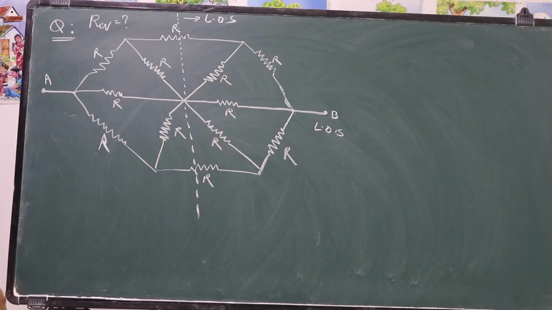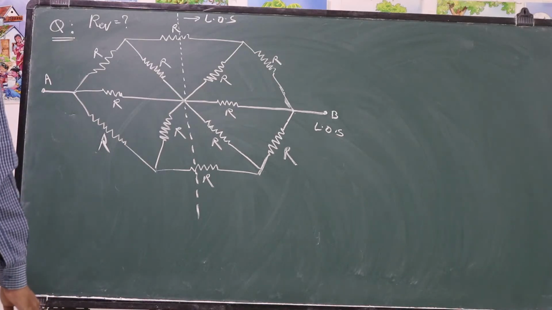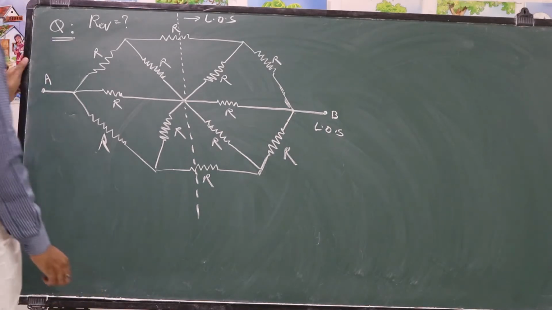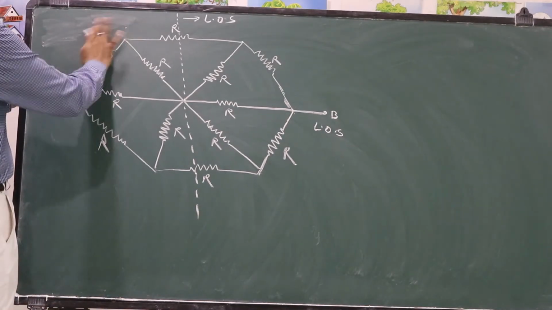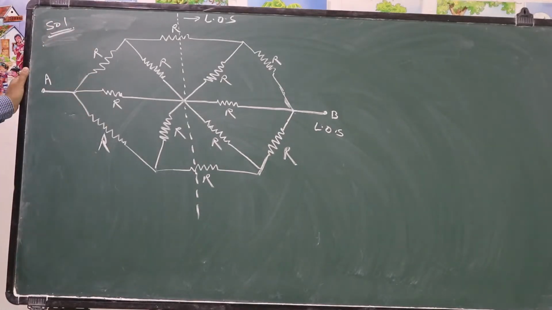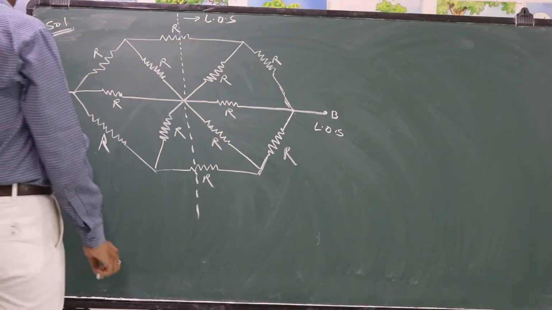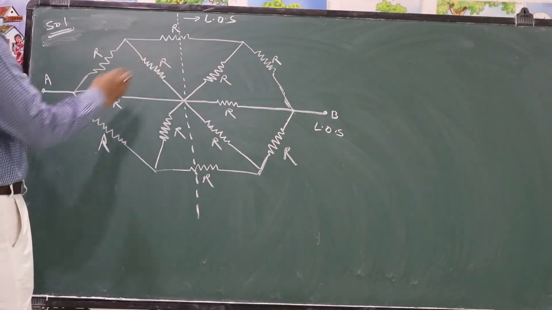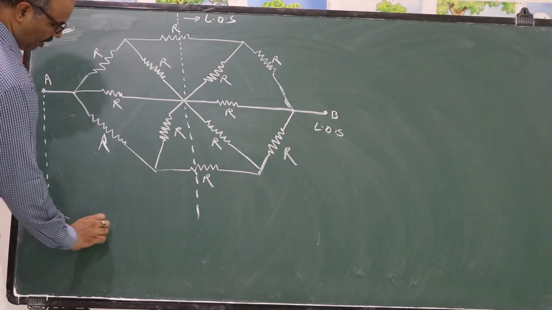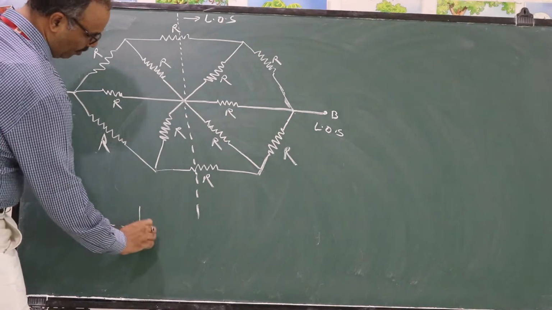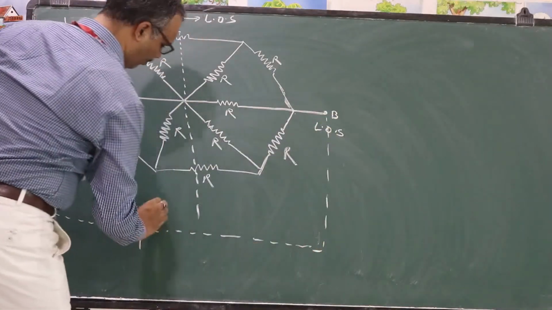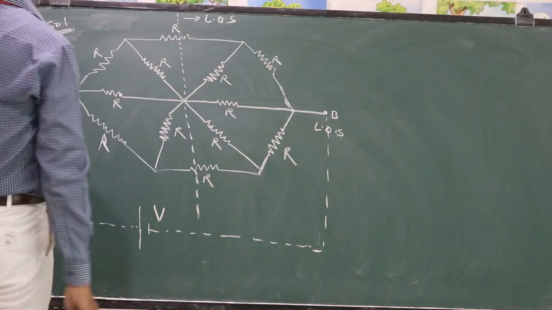Now, to solve this problem, I am going to the solution part. You consider any line of symmetry. We would like to find the equivalent resistance between A and B. So between A and B, just imagine a cell of EMF V. Now, we will see the distribution of current.